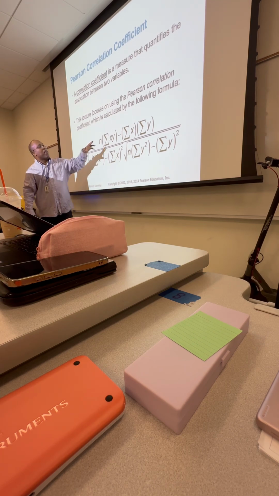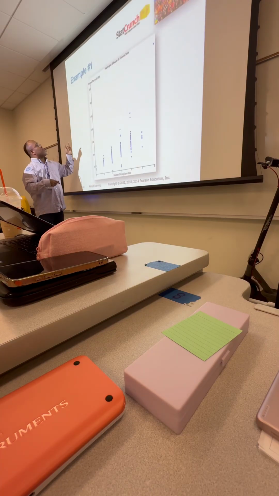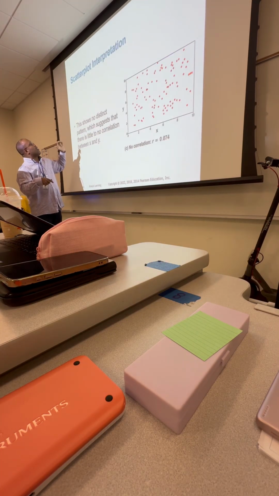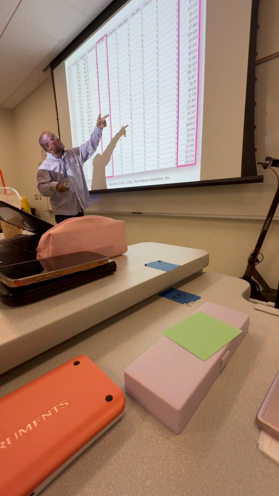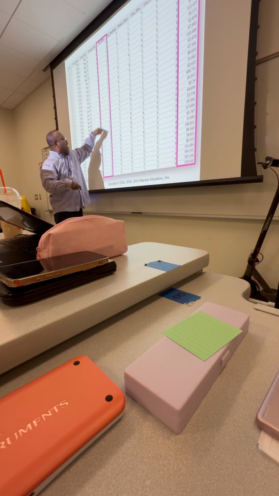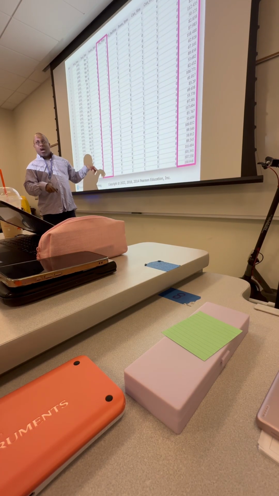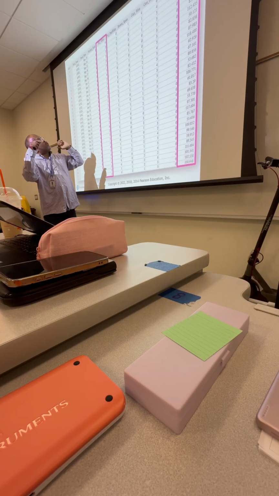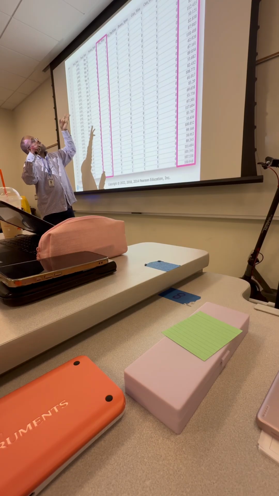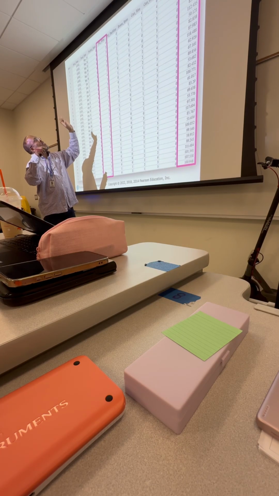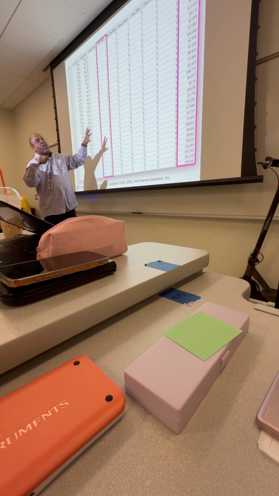And then summation x means you would, where's the data set? So if this is x and that's y, summation x means add up these data values. Summation x squared says square each data value and then add up the squared values. So summation x would be 4 plus 3 plus 3 plus 3 plus 3, and so on.